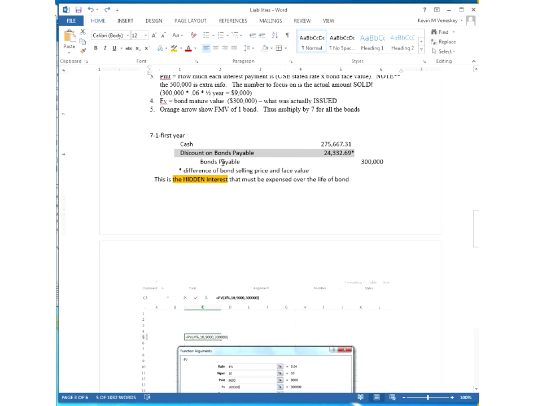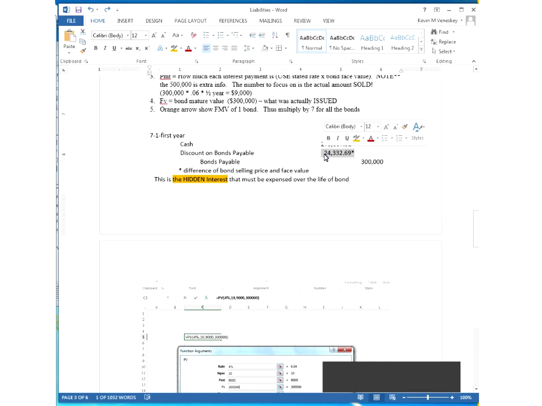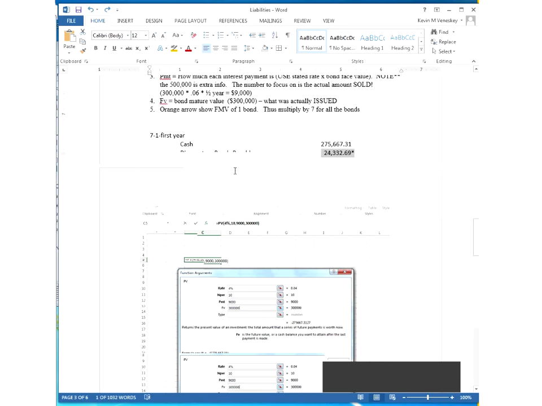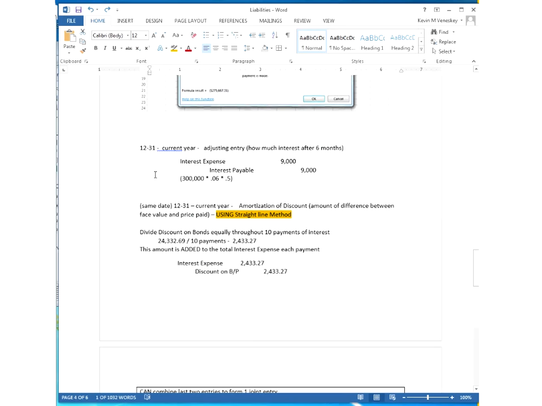So from here on out, after I've got the bond ready, sent out and recorded, I'm going to begin to, every 6 months, show that I have interest being paid out, and a little bit more interest that's going to come out of this discount that's going to be added to my interest expense.